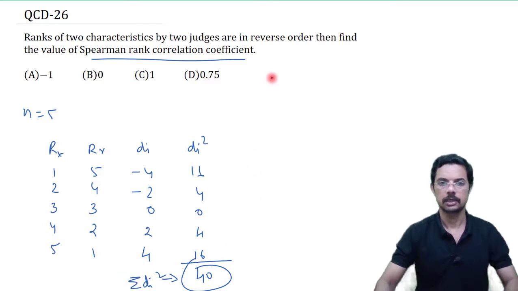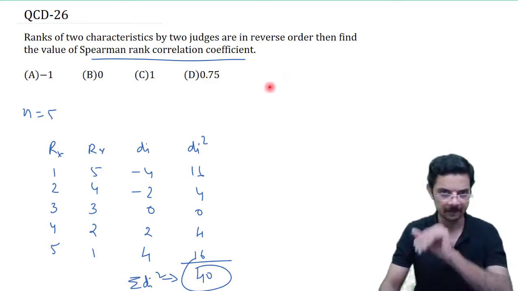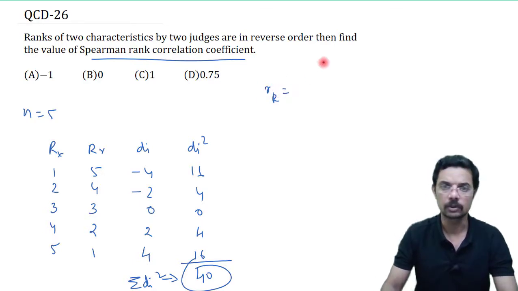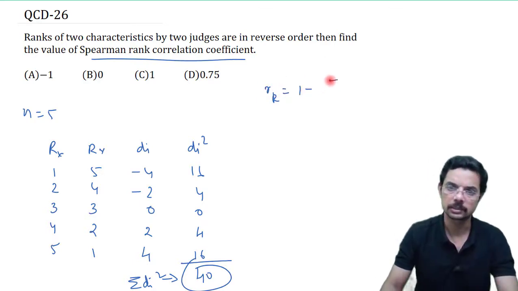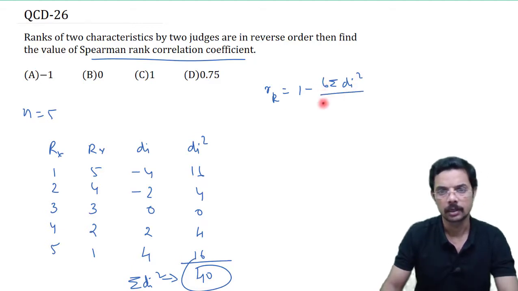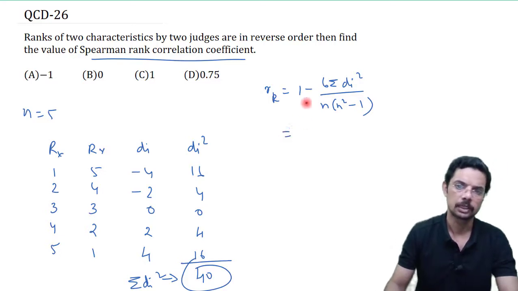Now rank correlation coefficient R will be equal to 1 minus 6 sigma di square divided by n into n square minus 1. We know this formula. Let us put the values.